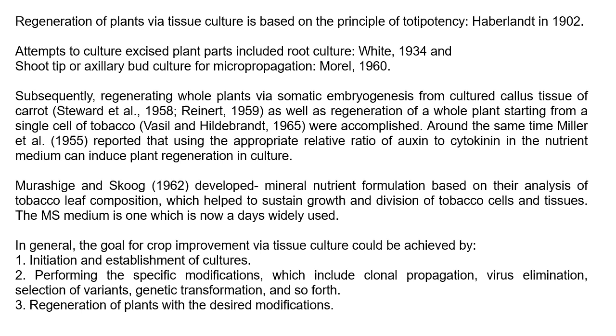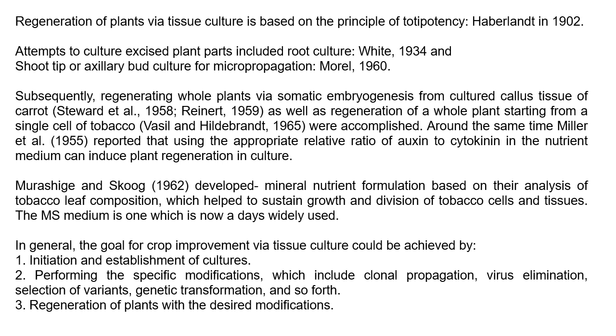After this many attempts were made, and some of those are listed here. First, attempts to culture excised plants; excised means you cut off a plant part, including root, and then you culture those. Root cultures were done by White in 1934, and shoot tip and axillary bud culture for micropropagation was also done.